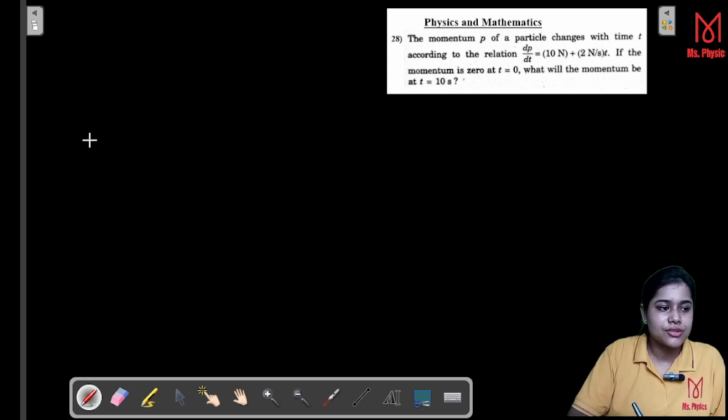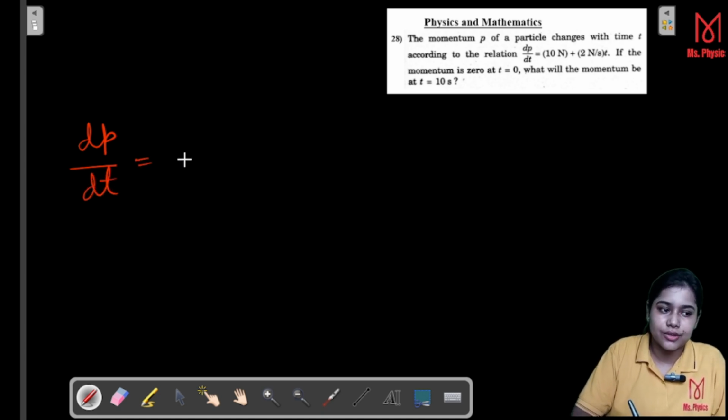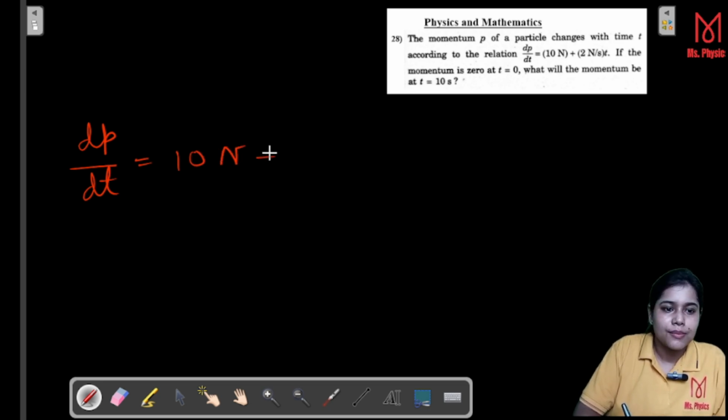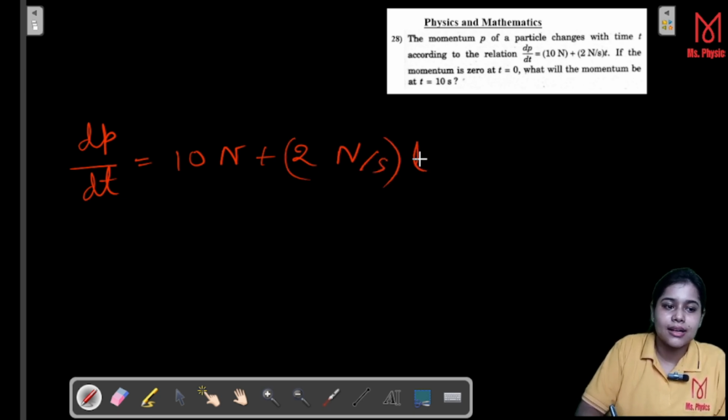So you just write down here dp by dt, the rate of change of momentum, is equal to 10 N (Newton) plus 2 Newton per second multiplied with the time t. That means, in short, I can write it as 10 plus 2t.